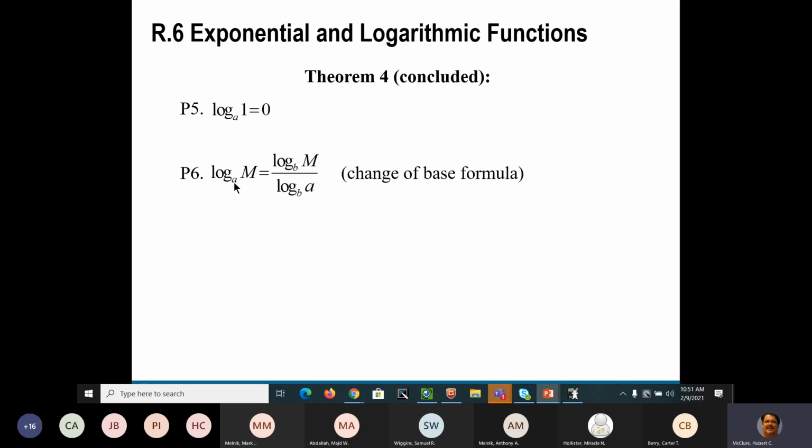Anytime you have the log base any number of a number, you can take log base E or log base 10 of that number divided by log base E or log base 10 of the base. And you'll see that hopefully with an example here in just a second.